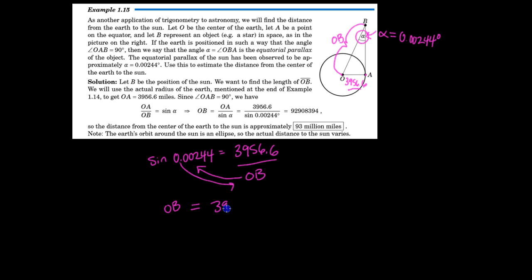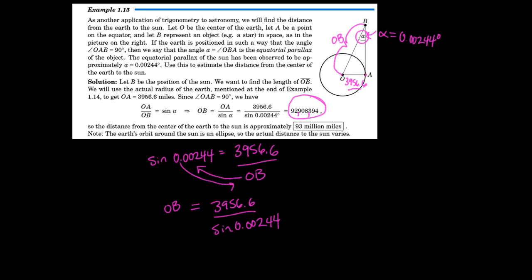So honestly, you could show the work that you're multiplying both sides, or it's almost easier to just visualize this like that. So anytime you move something from one side to the other with a fraction, it goes down below. So that is the calculation, and if we calculate it according to this up above, you end up with 93 million. So we could figure that out. Yeah, so they rounded to 93 million miles. That's the distance from the center of the Earth to the Sun.